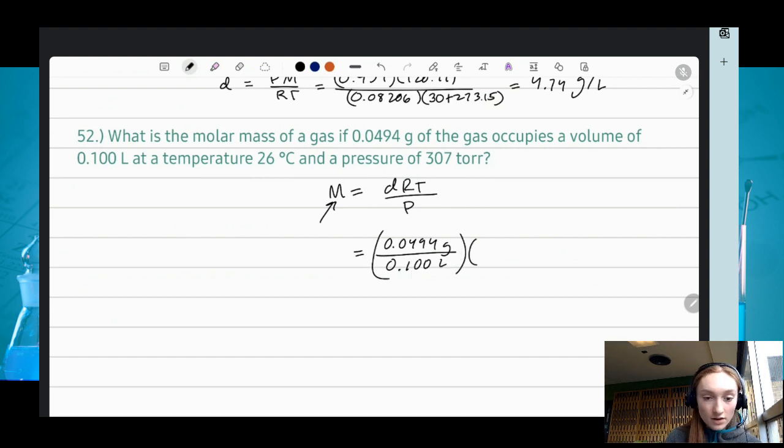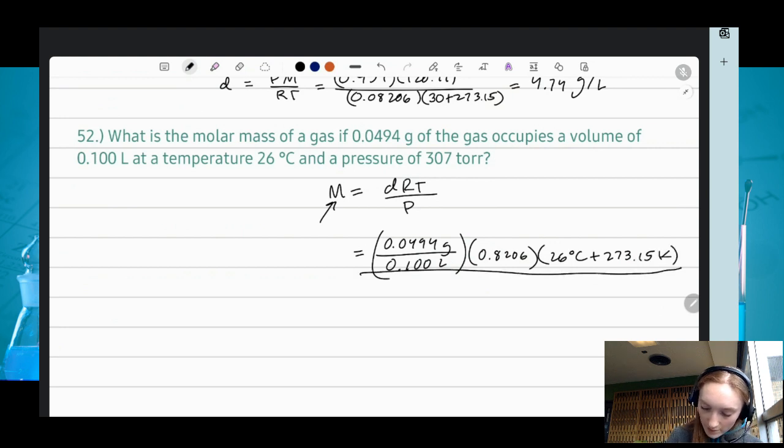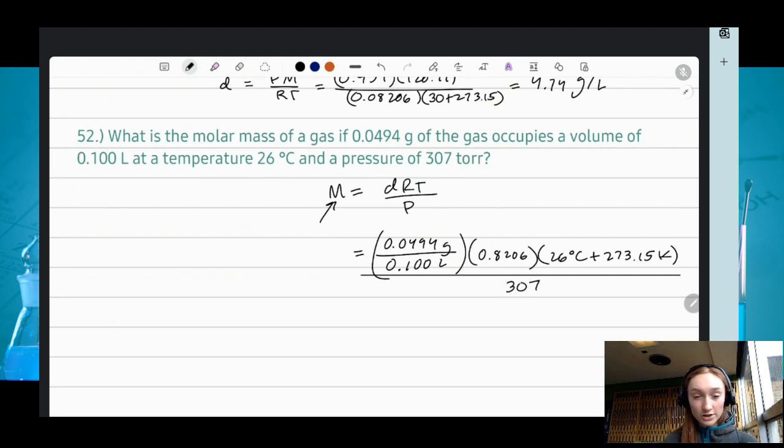And then the constant R value is still 0.08206. The temperature is 26 degrees Celsius, and then we add the 273.15 for Kelvin, and then divided by the pressure, which is 307 torr. We have to make sure that our pressure units are checking out, because this constant that we're working with, again, is in pressure units of atmospheres.